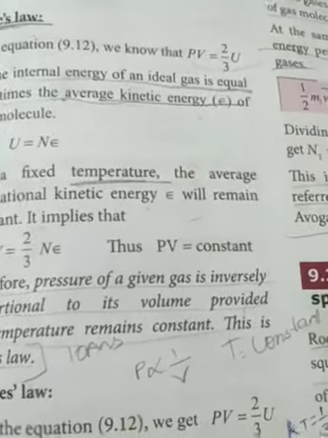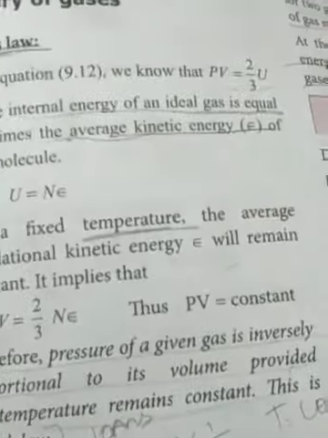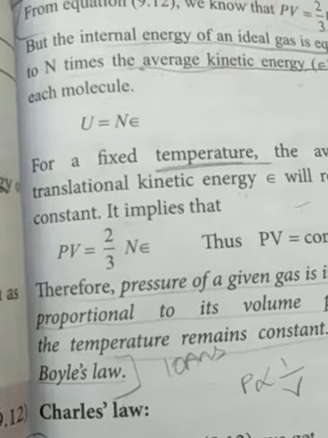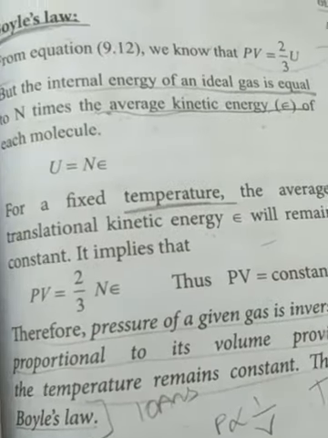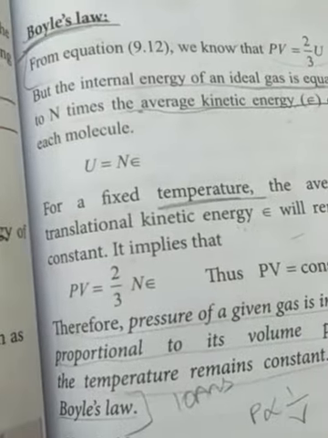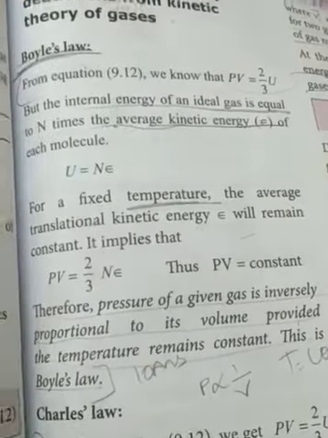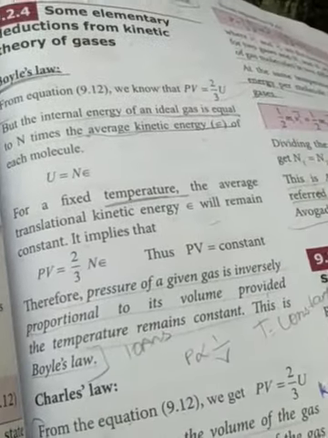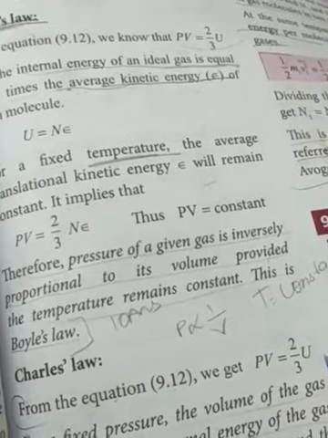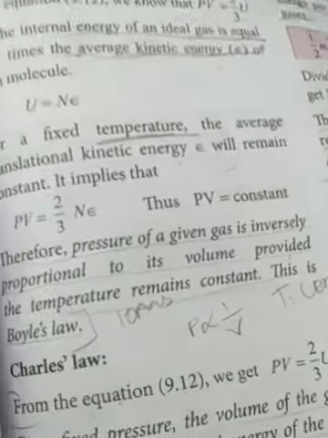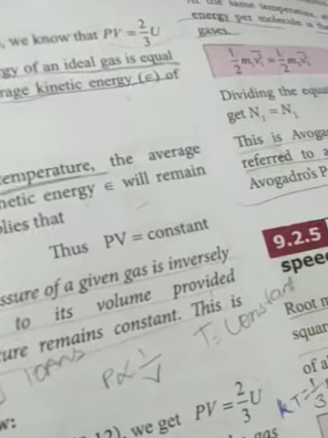This is Boyle's law, so PV equals a constant. We derived the equation PV equals 2 by 3 NE, so here PV is a constant value. With constant temperature, the pressure is inversely proportional to the volume, P proportional to 1 by V.